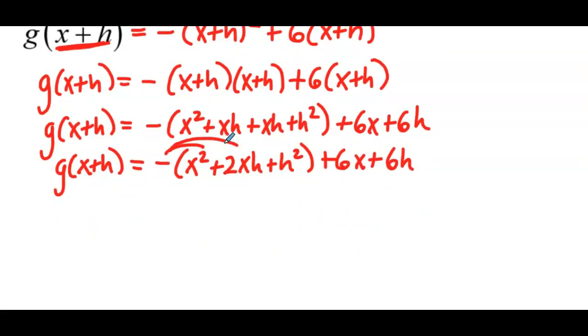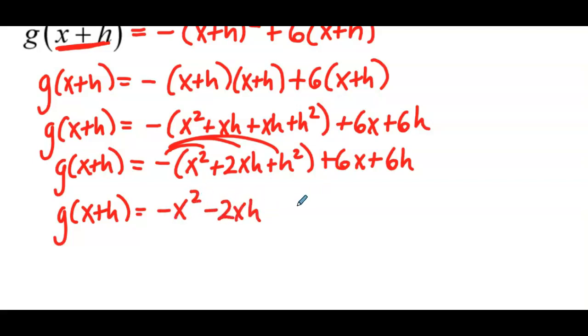We can distribute the negative 1. So g of x plus h is equal to negative x squared minus 2xh minus h squared plus 6x plus 6h. Notice there are no like terms, so our output in the function g of x, when our input is x plus h, is negative x squared minus 2xh minus h squared plus 6x plus 6h.